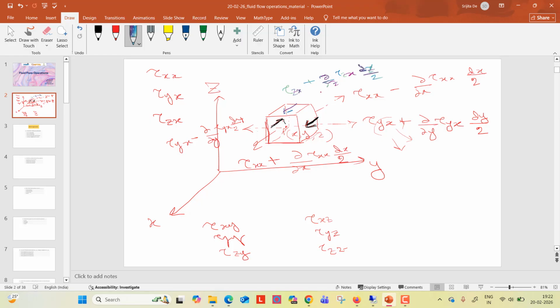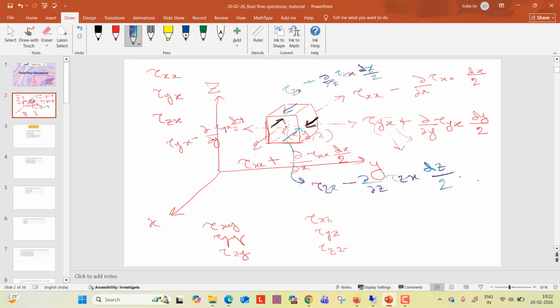And here it will be in the bottom direction, in the minus direction, so it is like this. So this will be tau zx minus del del z of tau zx into dz by 2. Okay, so these are the different components of x.